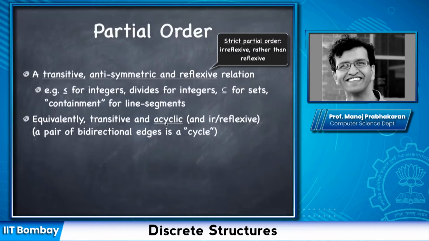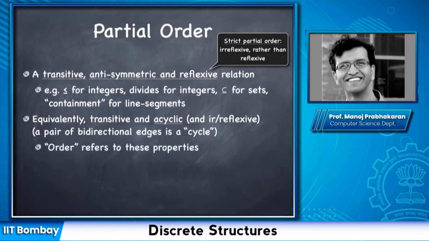You can go from A to B and come back from B to A. That's a short cycle. So being acyclic means you cannot have bidirectional edges either. Okay, so the antisymmetry property could be equivalently replaced by the acyclic property when you are talking about transitive relations. And again, you can attach either the reflexivity condition or the irreflexivity condition, depending on whether you're talking about a partial order or a strict partial order.